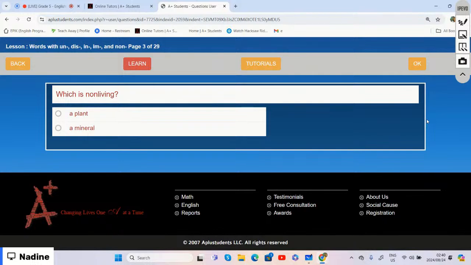Which is non-living? Is it a plant or a mineral? So which is non-living?